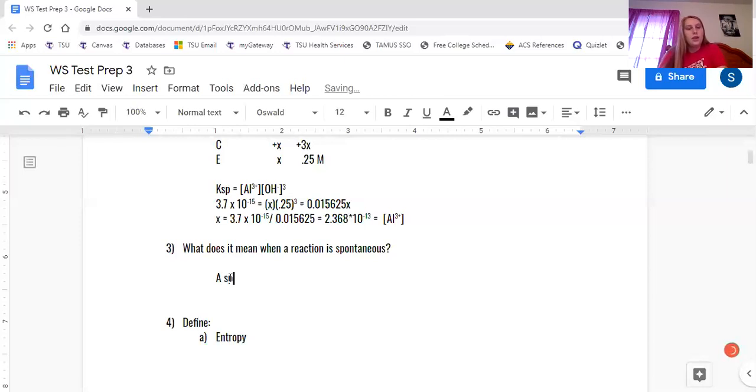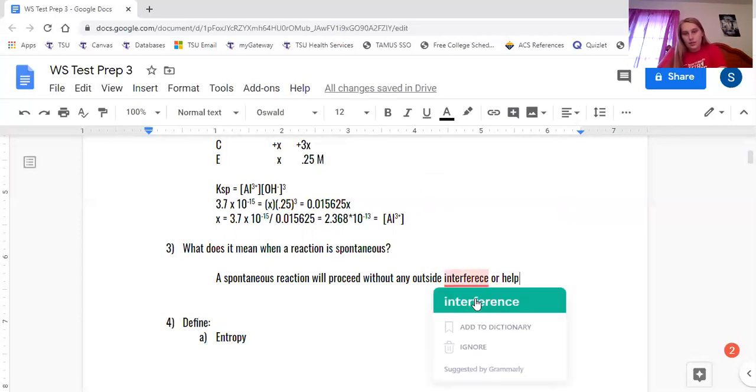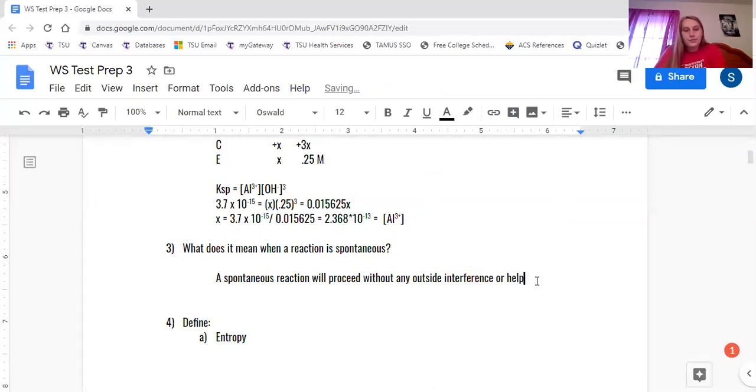So a spontaneous reaction will proceed without any outside interference or help. Yeah, I have a typo there. So there's that.